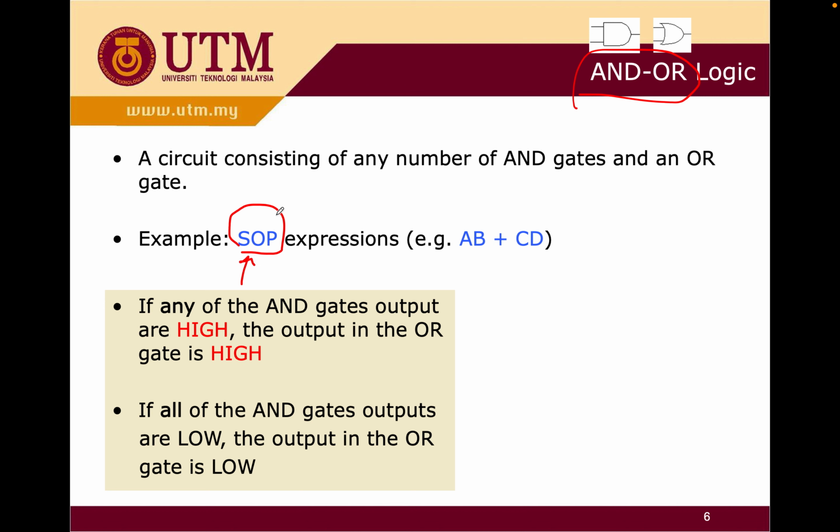Because if you see the example expression here, you have A dot B. This is an AND gate. And you have another AND gate here, which is C dot D, and it's going to be combined with the OR gate.